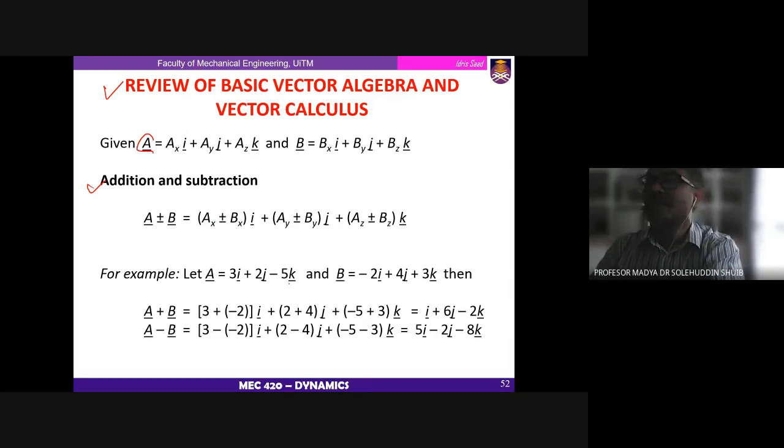A has the values here in i, j, and k, and B is minus 2i plus 4j plus 3k. So if I want to add A plus B, 3 minus 2, 2 plus 4 is 6, and then minus 5 plus 3. So you get the answer. Addition is very straightforward, and subtraction would be the same.